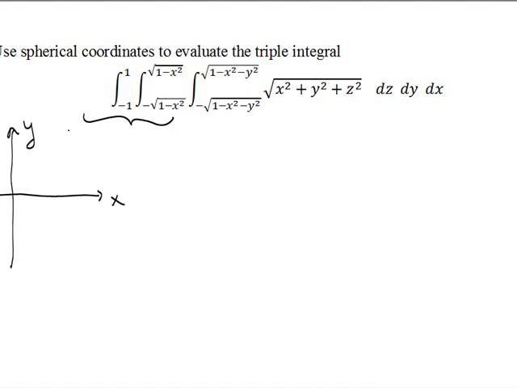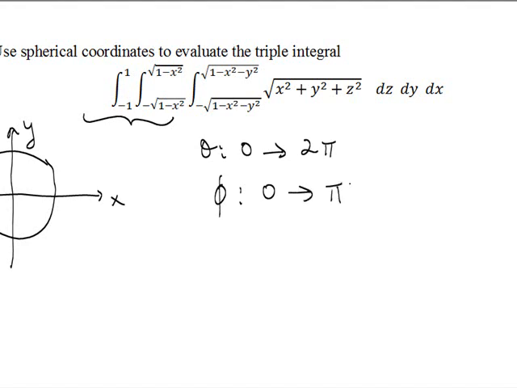What did you get? Circle. Okay. So remember we're not looking at r, it's theta we want. What is theta? 0 to 2 pi. Now phi also goes from 0 to pi. There was no restriction there, so we're good.